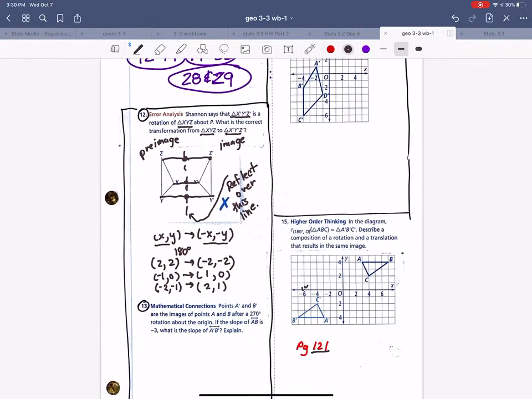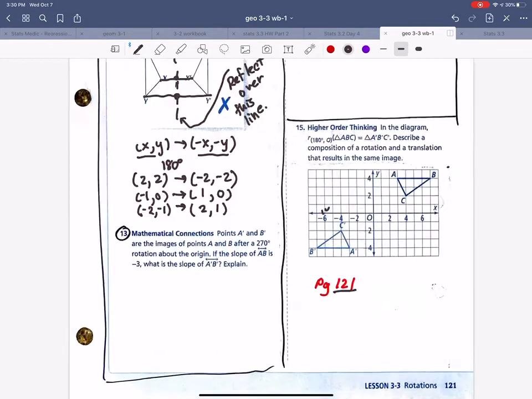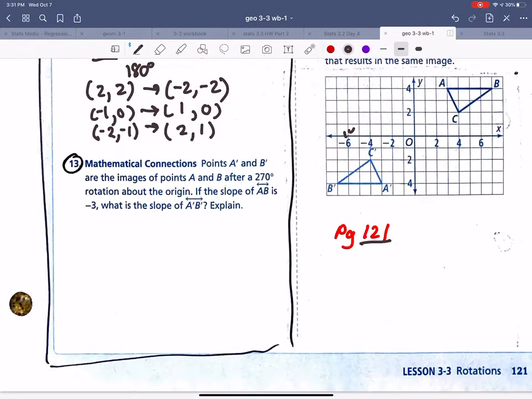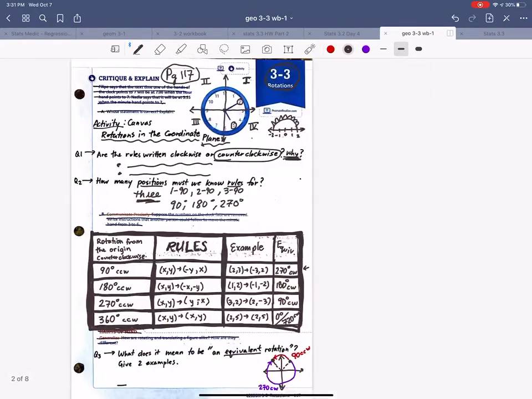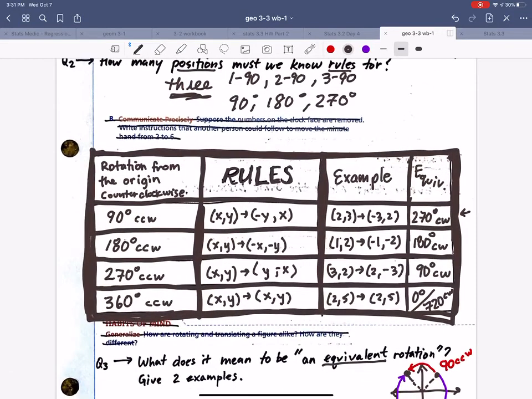Okay, 13. It says the mathematical connections. Points A prime and B prime are images of points A and B after a 270 degree rotation about the origin. So let's go back in our notes and get the rule. So 270 degrees is this rule.